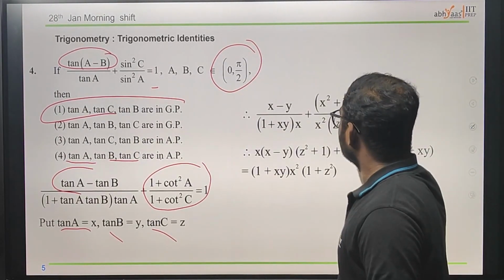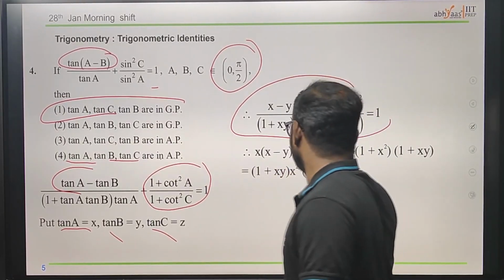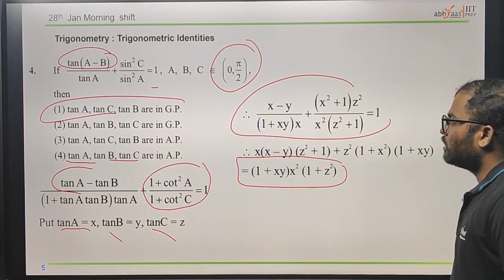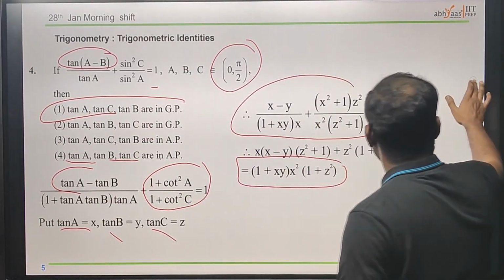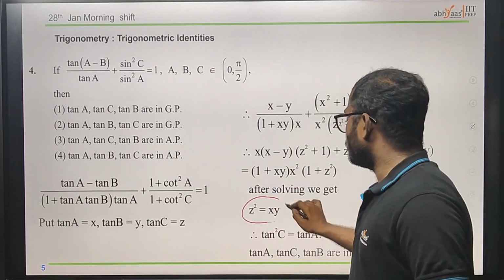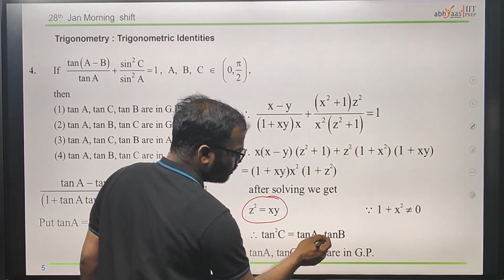Putting that makes it easy for us. Now simplify this by taking the LCM. Ultimately we got 1 plus xy into (1 plus x square) plus z square. After solving we get z square equal to xy, therefore tan c squared equals tan a into tan b.